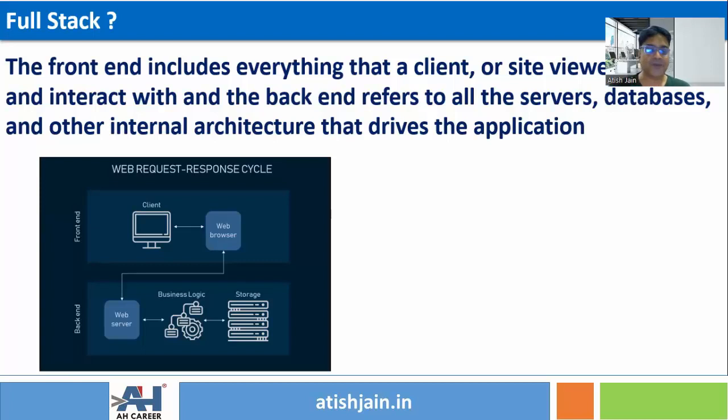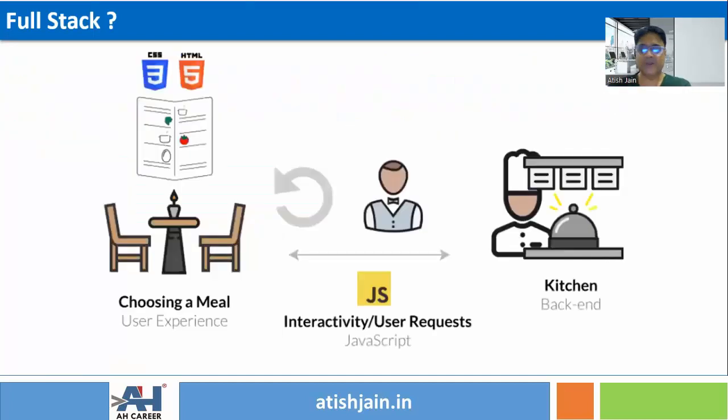The front end is visible to us and we interact with it, and the back end is the architecture that drives the front end application. A real life example I can give you. When you go to a restaurant and sit there and order food, the waiter will give you a beautiful menu, a digital menu actually.